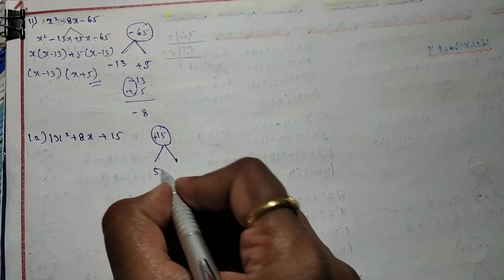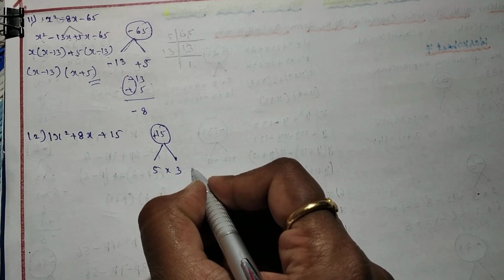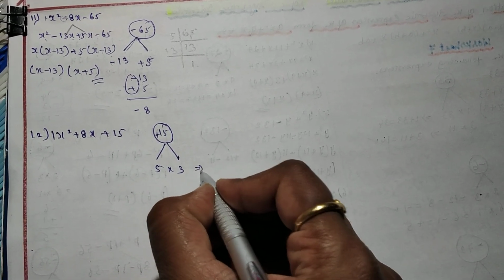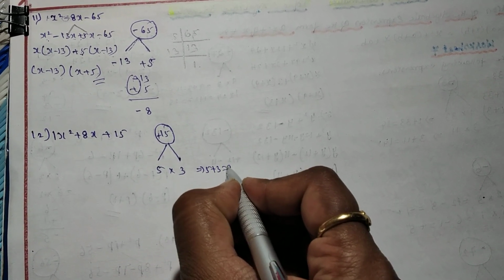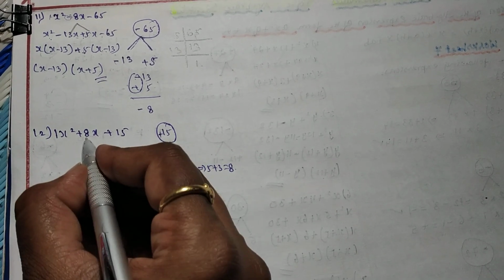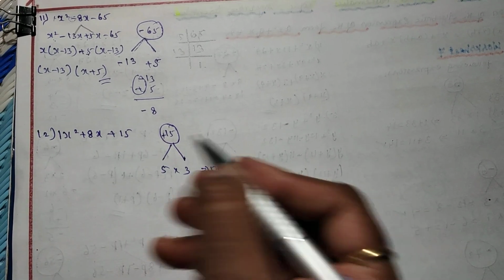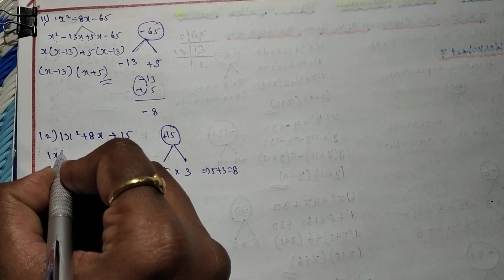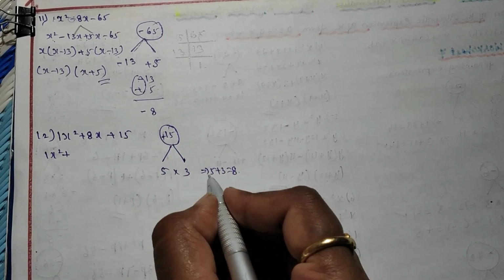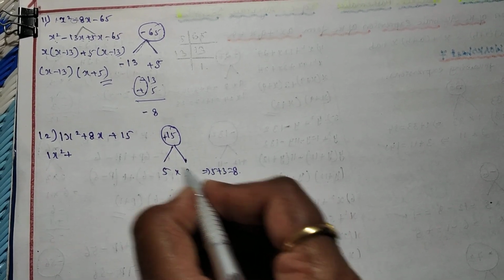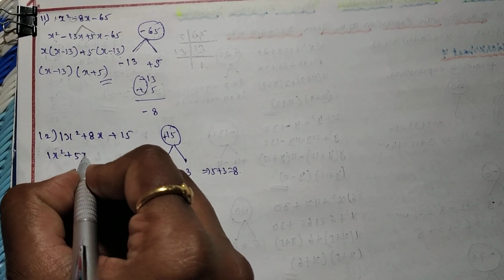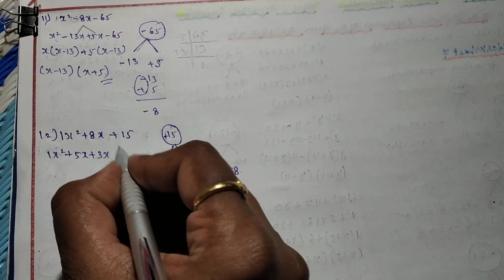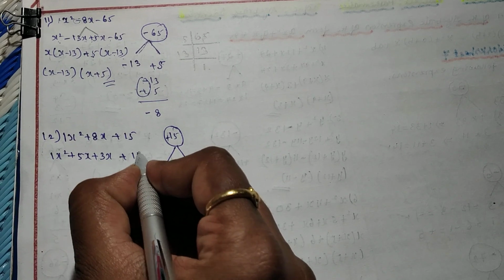Then 5 threes are 15 and 5 plus 3 is equal to 8. Right? Then we required here the same. So 1x square plus this 8x, I'll write it as plus 3x plus 5x or plus 5x plus 3x, both resulting is same. And the last constant term as it is.